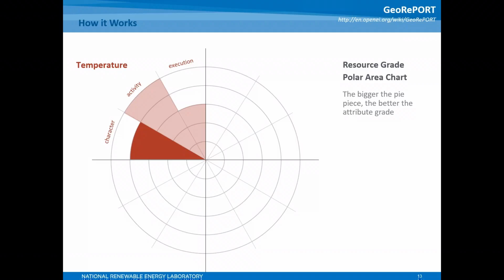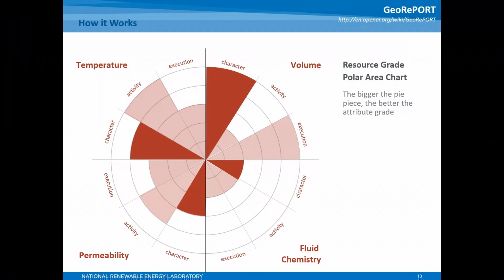We can conduct the same analysis for the other 3 attributes: volume, fluid chemistry, and permeability. This diagram lets you quickly assess the geological attributes of a resource. The dark wedges indicate grade, and the light wedges indicate certainty.